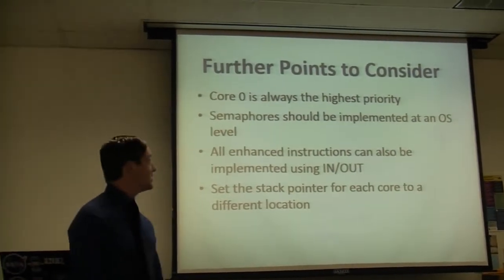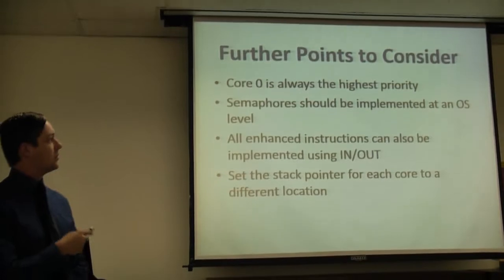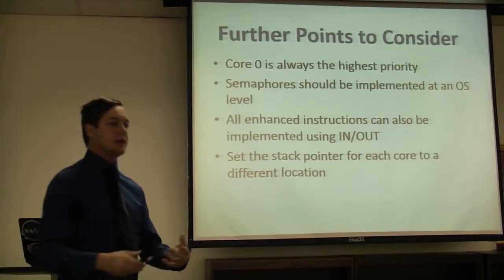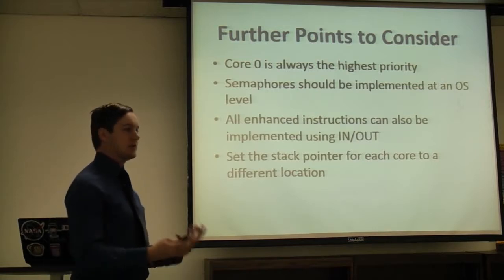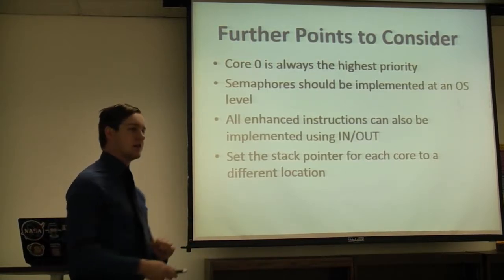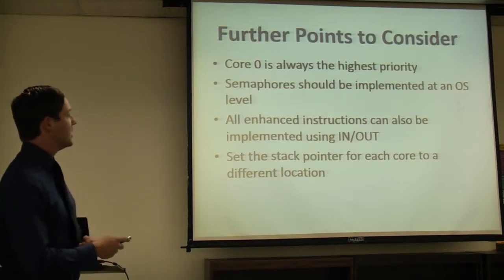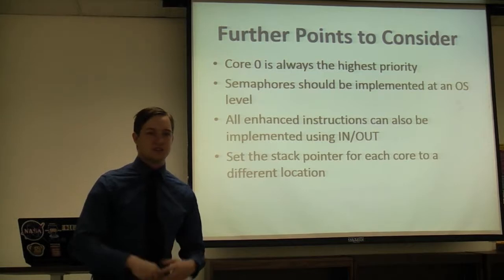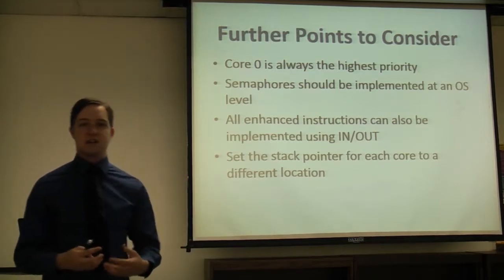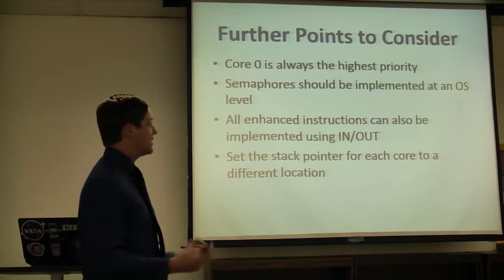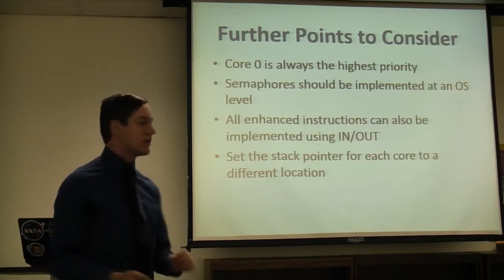Further points to consider: core 0 is always the highest priority, so in an RTOS-based system, the RTOS should be implemented on core 0. All the other tasks can be implemented on the secondary cores. Semaphores should be implemented at an OS level. The pass register is great, but if you're trying to send structures or high-level programming data, you would want to implement it as a semaphore.